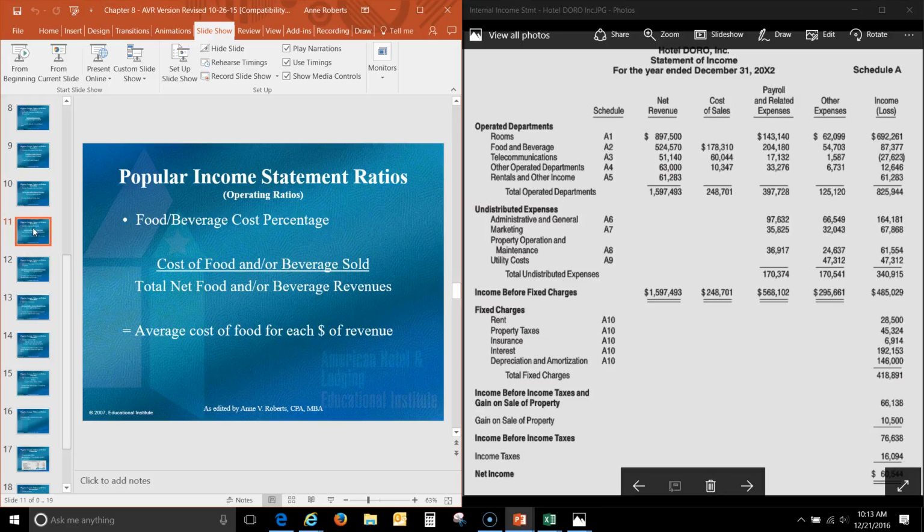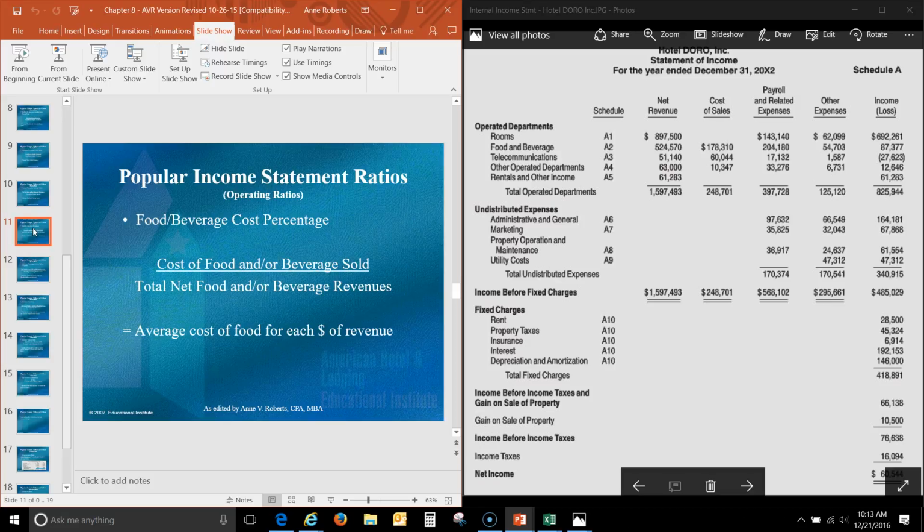All right. Then we've got our food and beverage cost percentage, okay? So now we're looking at cost of food and or beverage sold. We can look at cost of food divided by total net food revenues. We could do beverages, cost of beverage sold divided by beverage revenues, or we could do both.